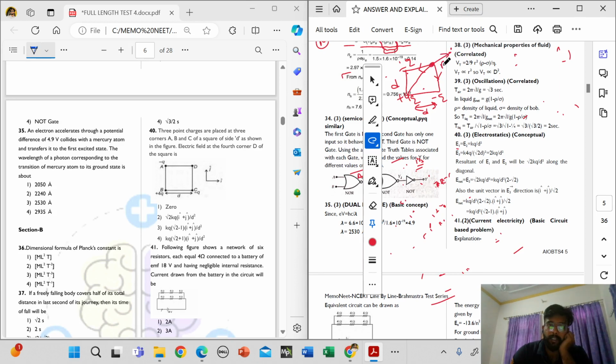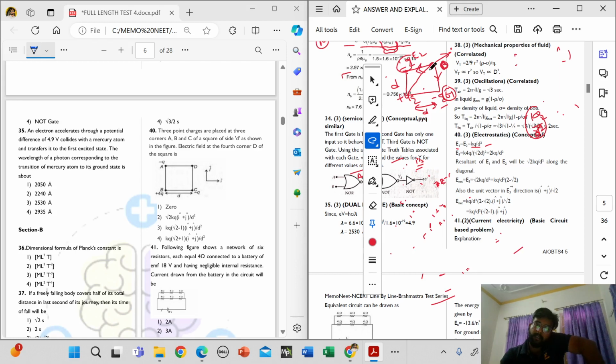We want to calculate the electric field at this point. Suppose E1 for this charge and E2 for this charge. We know the formula of electric field is KQ upon R square. So for this we get KQ upon D square.